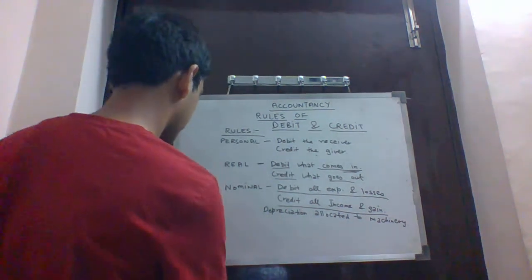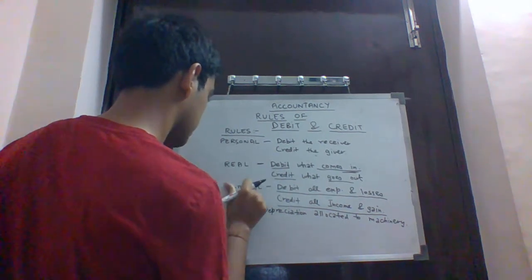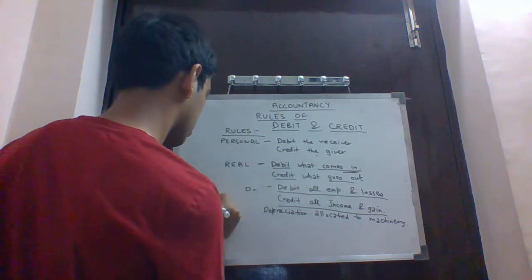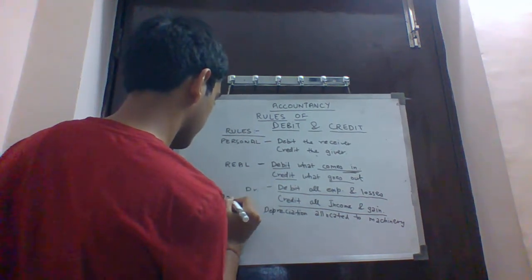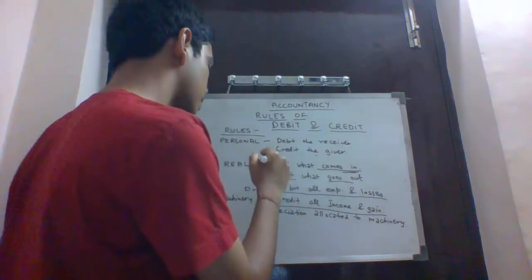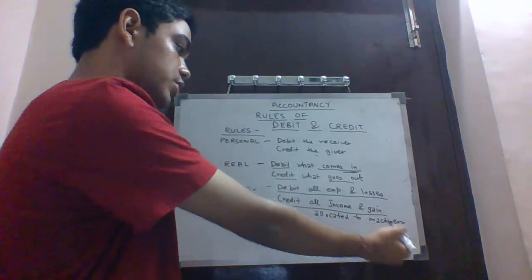It will be depreciation account debited to machinery. Being a mixture of the real accounts and nominal accounts journal entry, depreciation allocated to machinery.